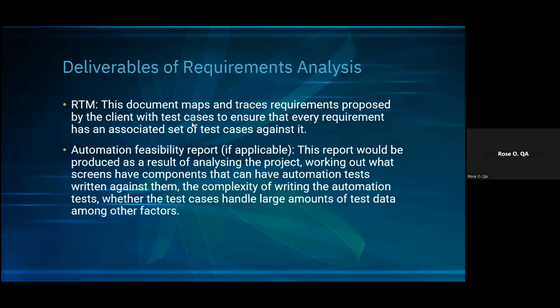Then the automation feasibility report, if applicable. This report will be produced as a result of analyzing the project, working out which screens have components that can have automation testing written against them, the complexity of writing the automation test, and whether the test cases include large amounts of test data, among other factors.